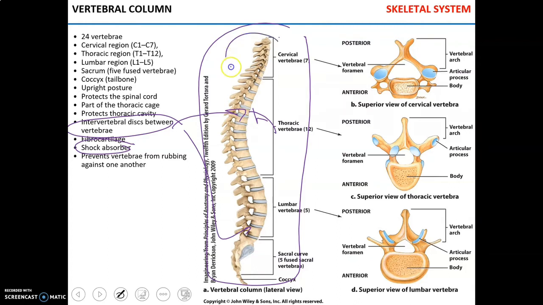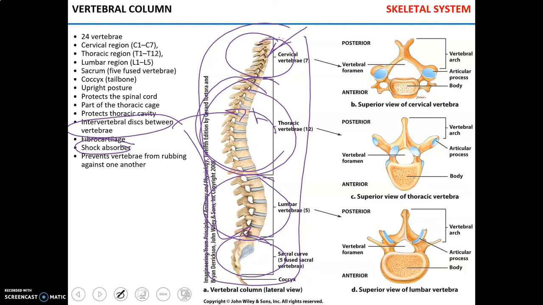The curvatures make your vertebral column work kind of like a spring, and it consists of 7 cervical vertebrae, 12 thoracic vertebrae, 5 lumbar vertebrae, sacrum, which is 5 fused sacral vertebrae, and coccyx, which is a tailbone.